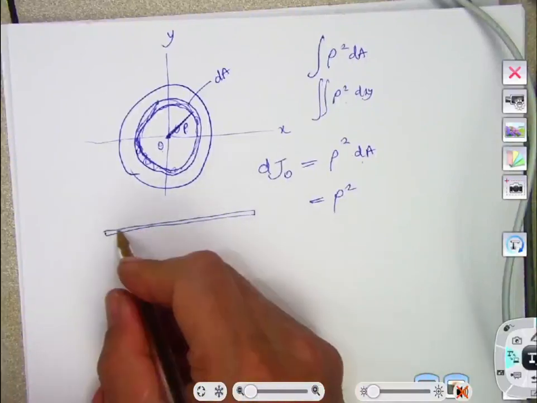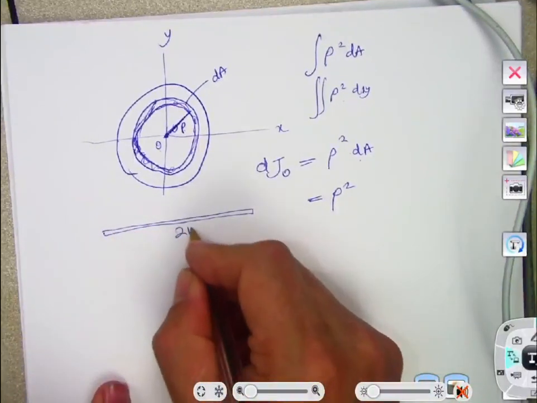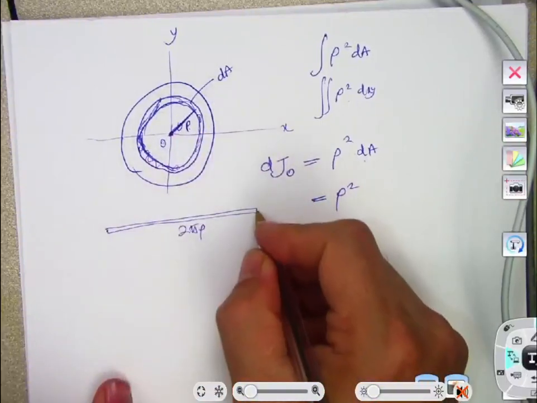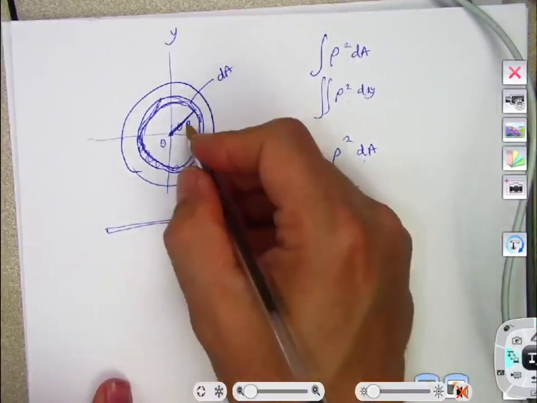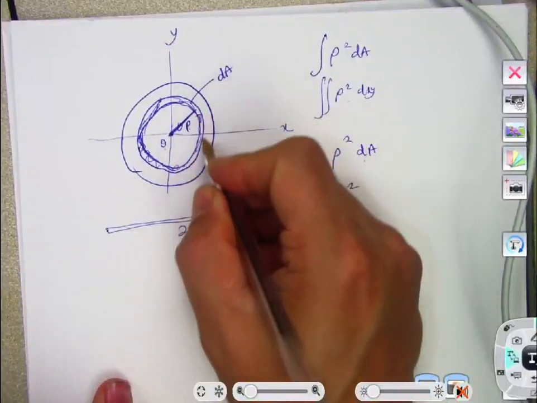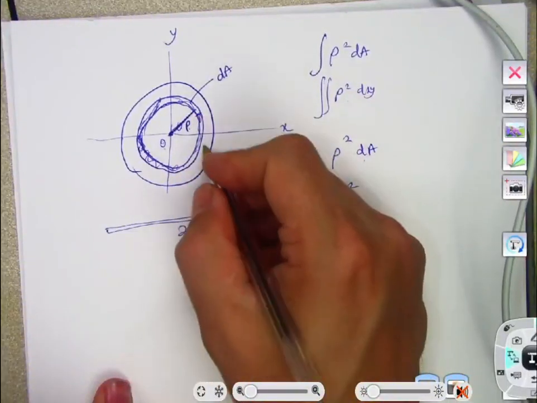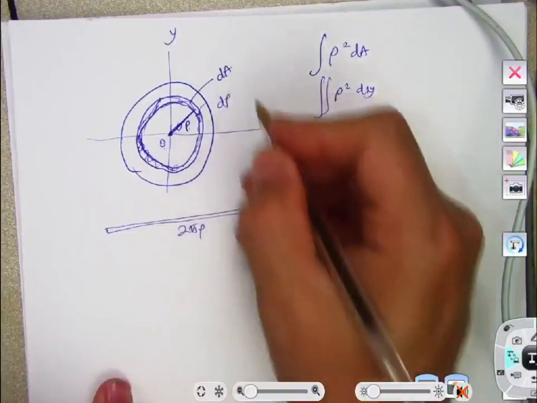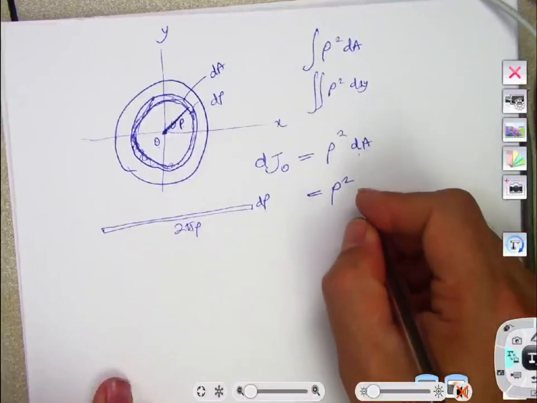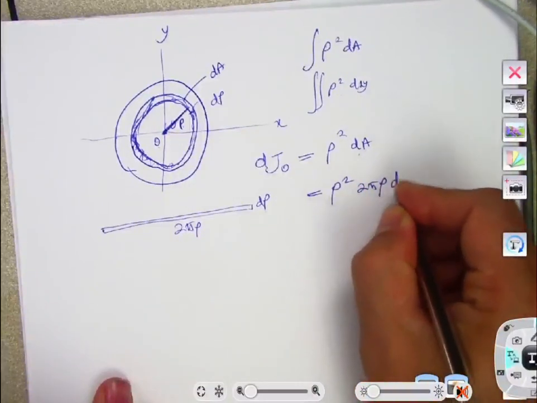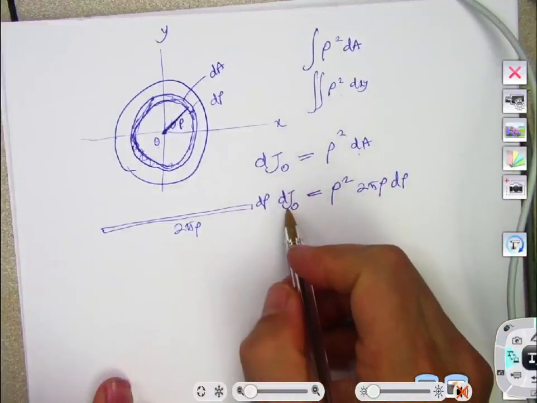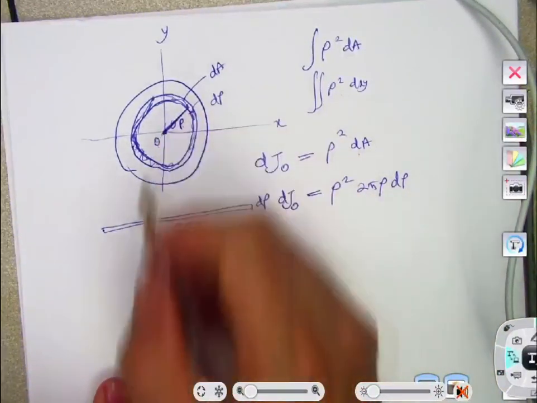What's the length? It's 2 pi rho, the circumference or perimeter of the ring. And what is the height? It's the thickness of the ring, d rho. So dA is 2 pi rho d rho. So this is the differential polar moment of inertia of this element about O.